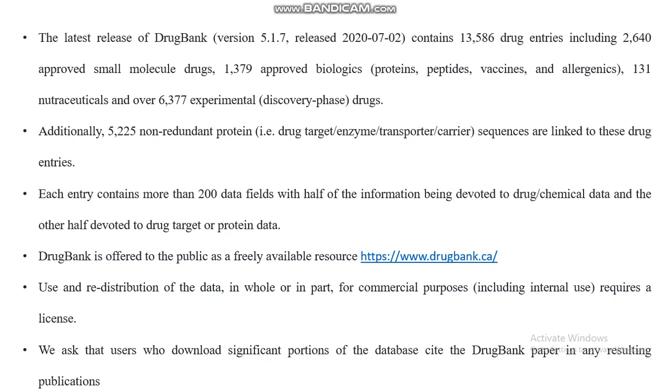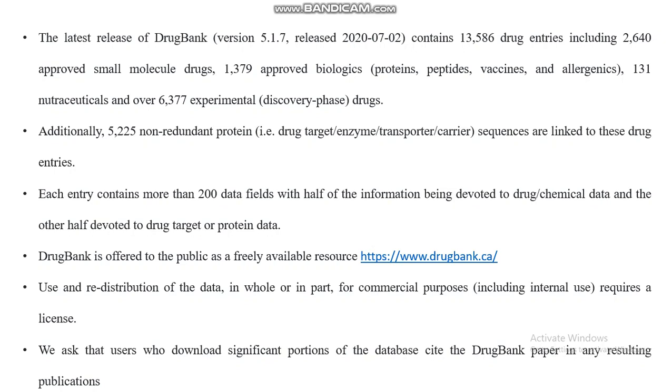Even here is a link to the UniProt database for a particular search of targets. DrugBank is offered to the public as a freely available resource. Here in this link you can find DrugBank. The use and redistribution of this data, in whole or in part, for commercial purposes is also possible, but you require a license for that.